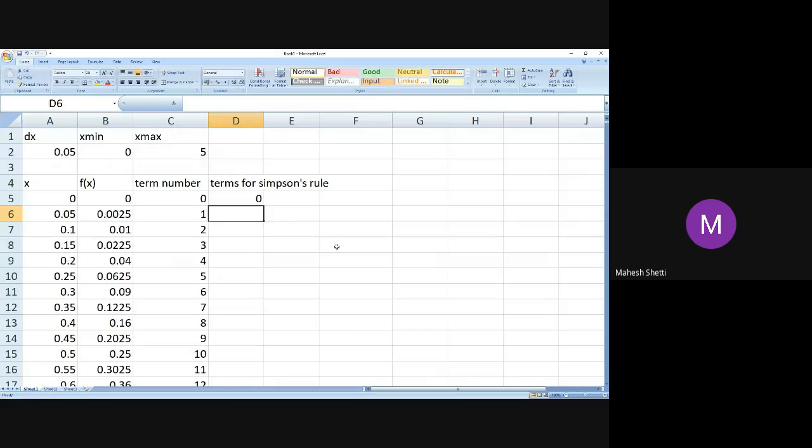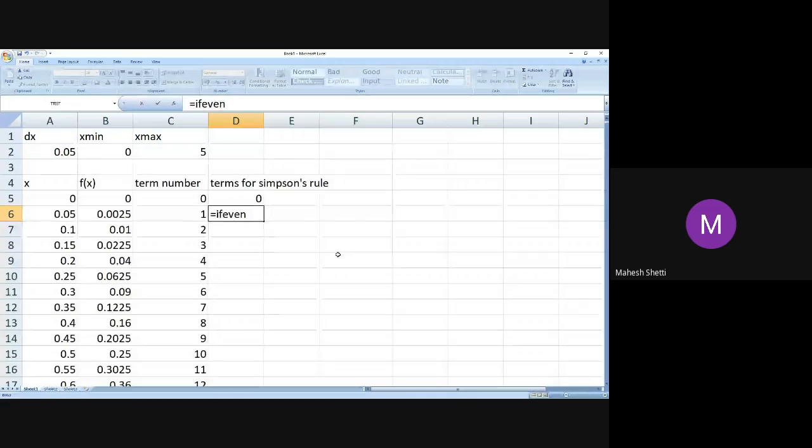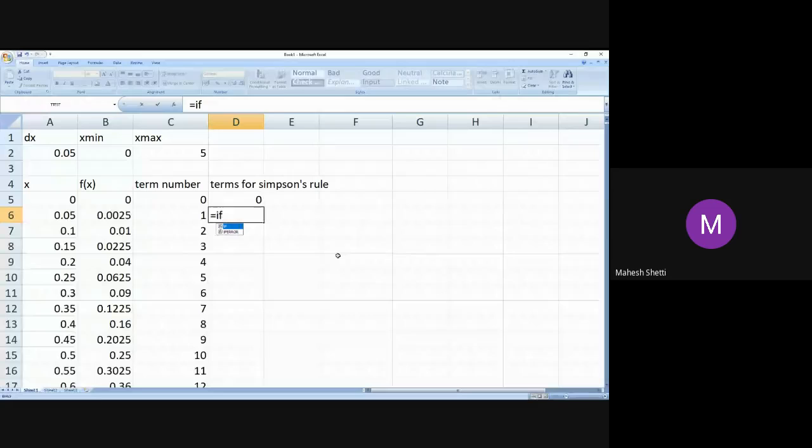Now I want to know, if it is an odd term, I want to do something, and if it is an even term, I want to do something else. So I'll use one of the functions called ISEVEN, which checks whether the given number is even or odd.